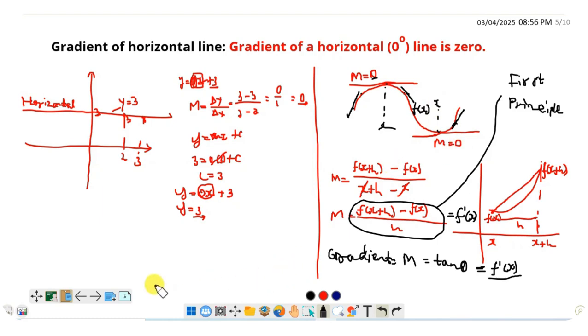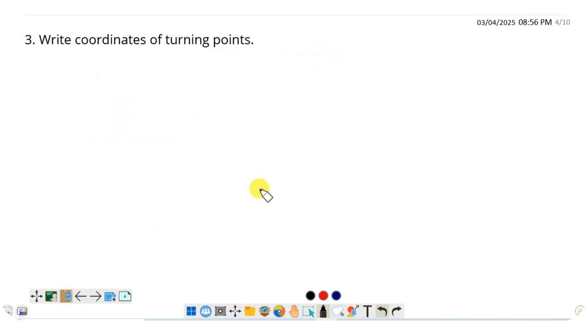Okay, what do I mean by that? I'll show you. Write the coordinate of the point. Look, we have a graph that is like this, something like that.